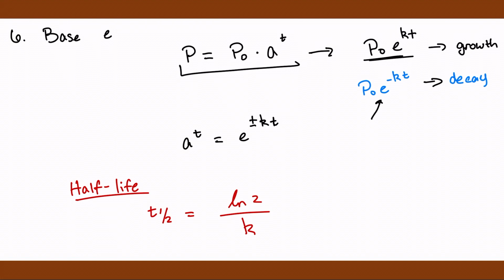Now, the last thing I want to talk about with this is you definitely need to know what these look like. So just like if a is greater than 1, well, you need to know if this thing is increasing or decreasing. But now we know that if it's e to the positive k, well, it's going to be an exponential growth function like that.